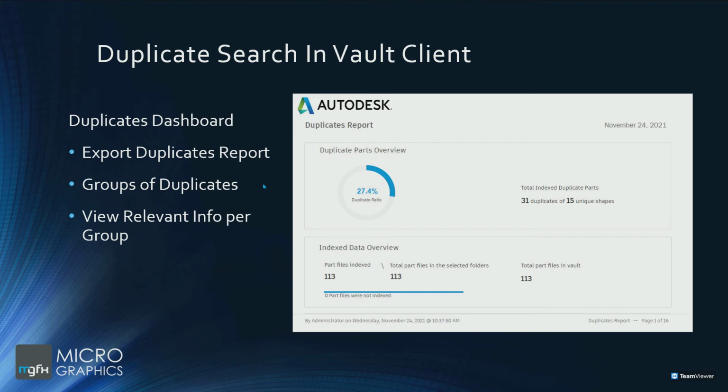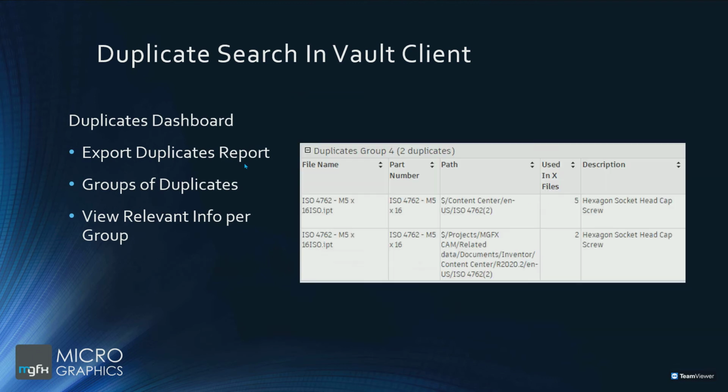When you go into that group, you'll be able to view the information specific to that group. So group 1 might be part A. And when you click group 1, it will show you part A and all the duplicates for that geometry. So we'll see this in a demo. We'll run a demo on this where we can view that report and see what that report looks like. That is basically how it would be broken down.